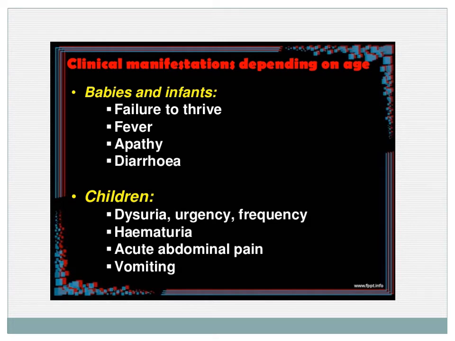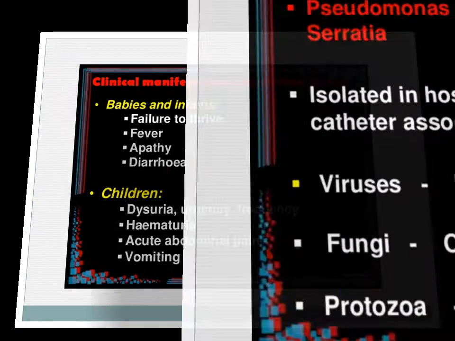Symptoms of UTI in babies or infants include failure to thrive, fever, apathy and diarrhea. In children, it causes dysuria, urgency and frequency, hematuria, acute abdominal pain and vomiting.